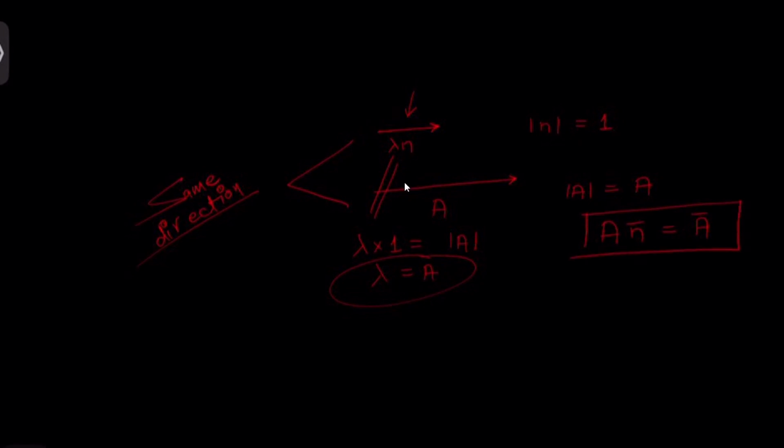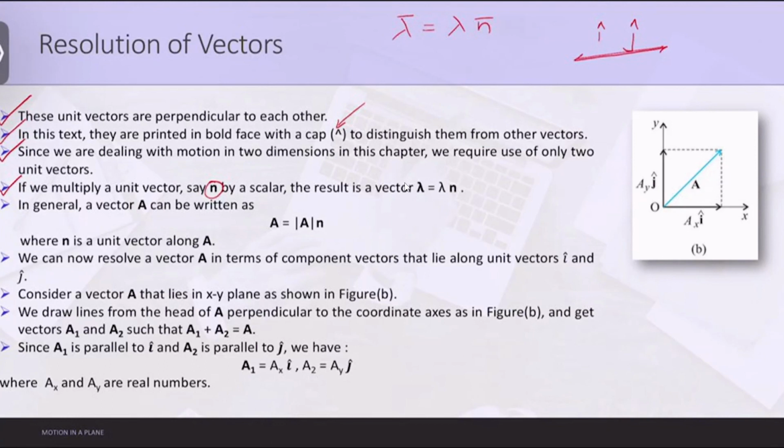That being said, in general a vector a can be written as mod of a into n cap. So what is vector a? Vector a is nothing but the magnitude of vector a into unit vector n.